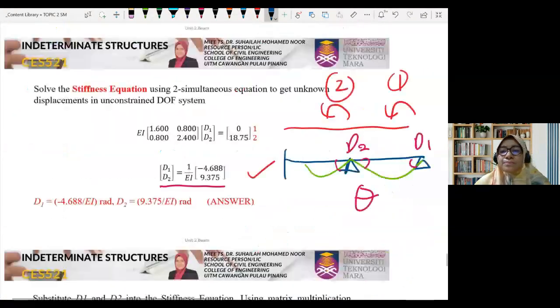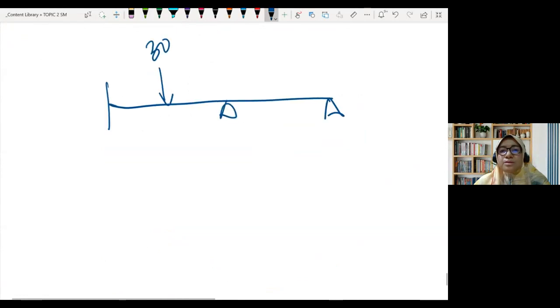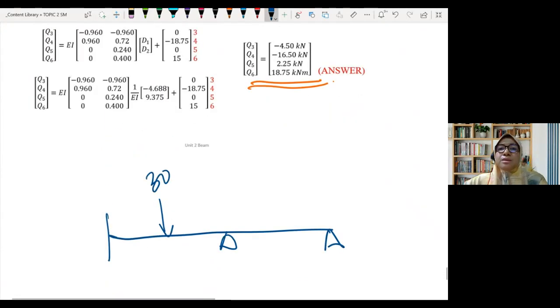3 means 4.5 negative. So it means this one is 4.5 kilonewton. 4 is also negative, negative 16.5.